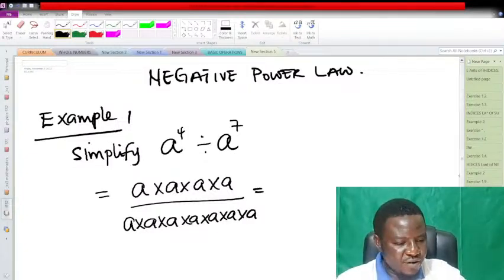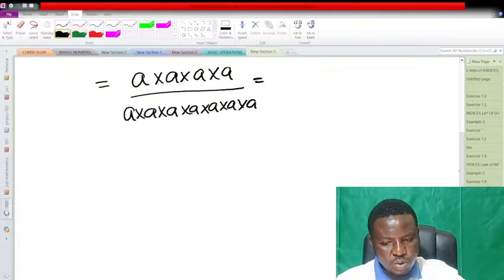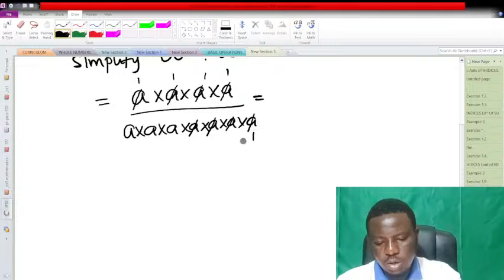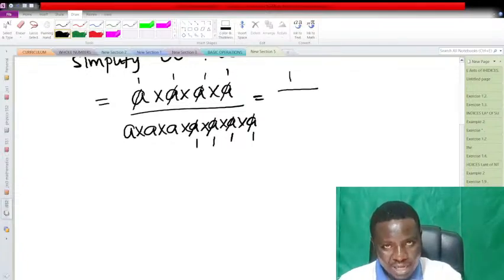And when you divide this, this cancels this, this cancels this, this will divide this, and this will divide this. All goes 1, 1, okay? And then we have it that 1 times 1 times 1 times 1 is said to be 1, right?